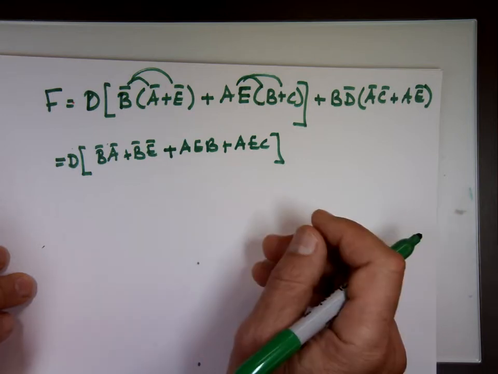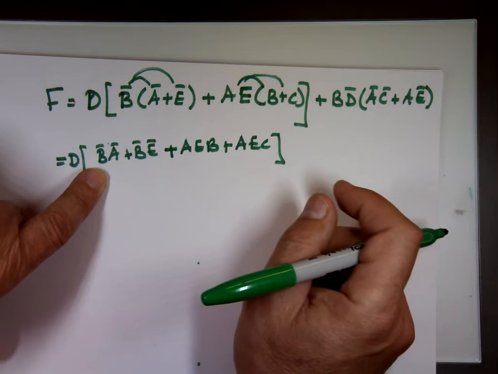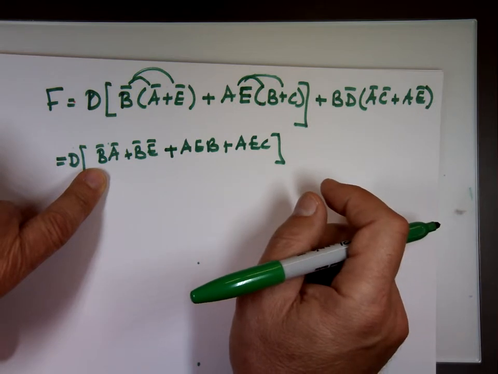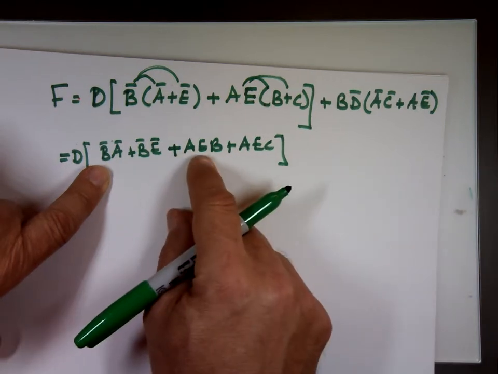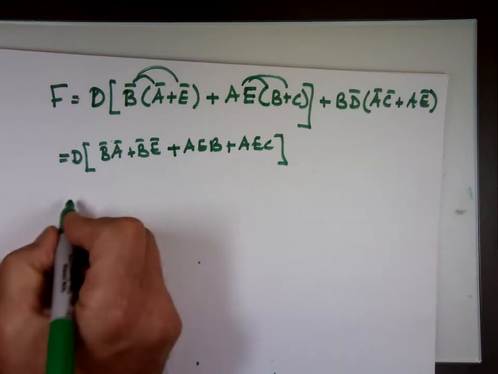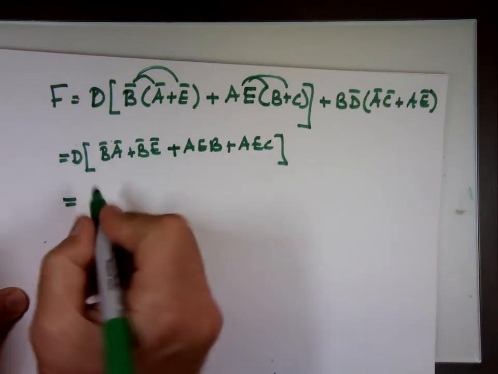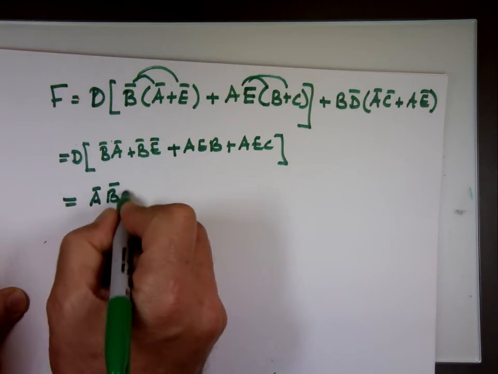I'm looking at the inside here. So the D you multiply it through. I'm going to put them in order, like A, B, C, D. I'll write the A first, B second, and D last.